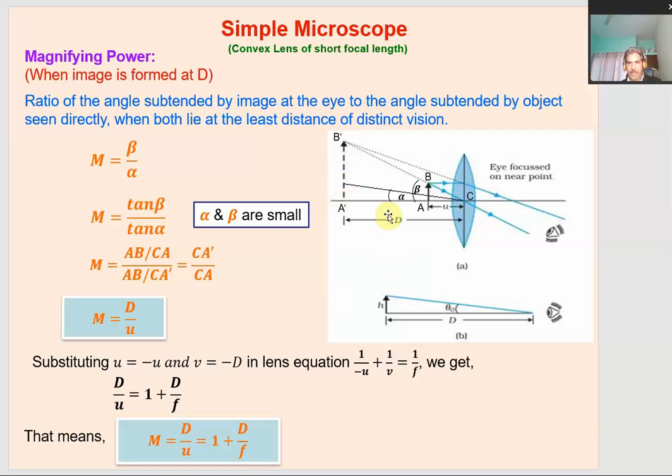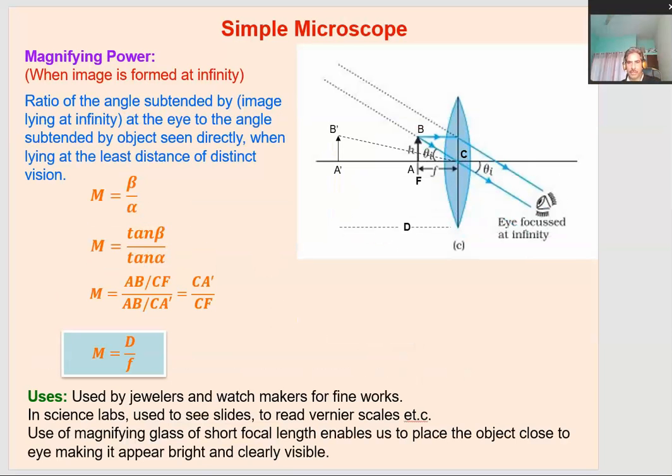So it is wise to keep the eye in a relaxed situation whenever the final image is formed at infinity, even if the magnification is 1 less. It is okay to get magnification less by 1, but we can keep our eye unstrained, in a relaxed situation. That is a more advantageous situation to follow.